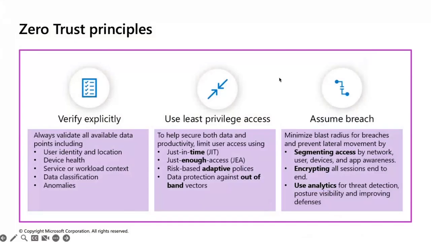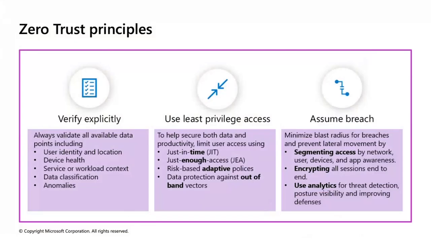Also, we should always follow the concept of assume breach. If you assume breach, if you think that every connection, every new access request is a kind of attack, you'll plan your organization and your cloud security that way, using almost all the security options.